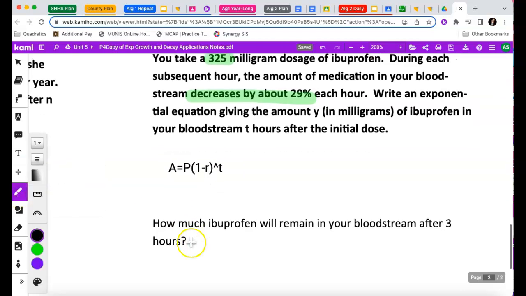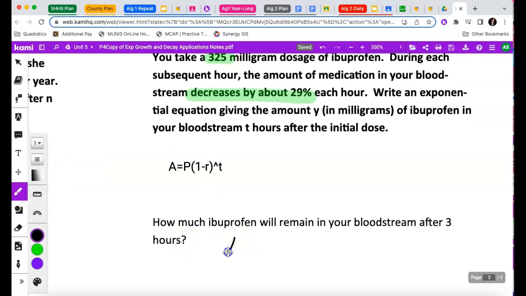So we'll figure out what all of our variables represent. So A is equal to 325, because that's how many milligrams I started with. 1 minus, so 20 divided by 100 is going to give us our rate.